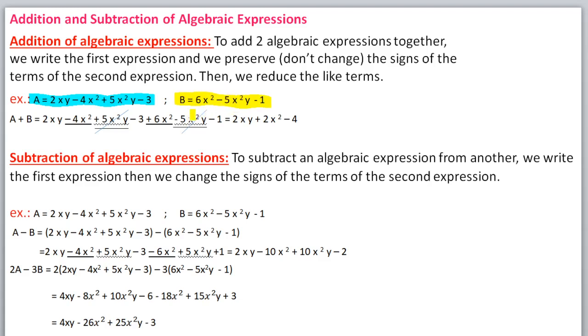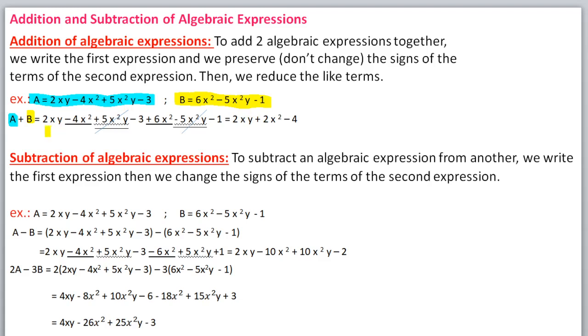Okay? But how could we add? If we have A plus B, how could we write? We add A and B, and it means we add all the terms here with all the terms here by collecting the like terms.